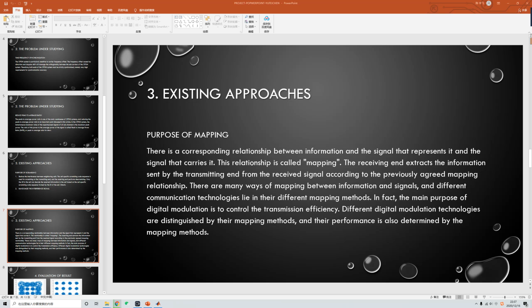In fact, the main purpose of digital modulation is to control the transmission efficiency. Different digital modulation technologies are distinguished by their mapping method, and their performance is also determined by the mapping method.